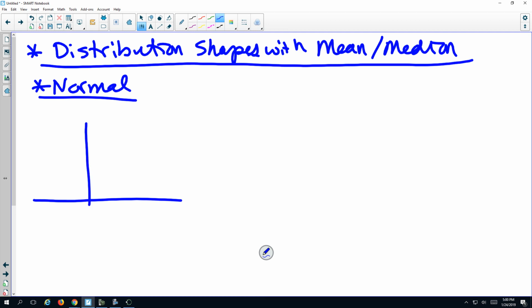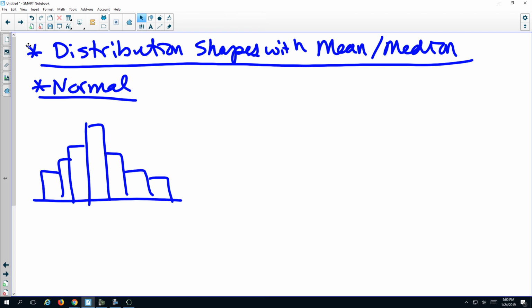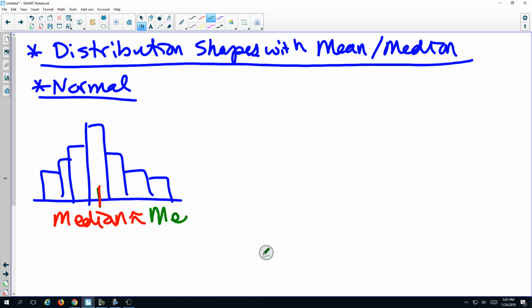So I'll just draw a little picture here. And I like the green and red thing. So my median should be really close to my mean, and they should be in the middle when you have a normal distribution shape.